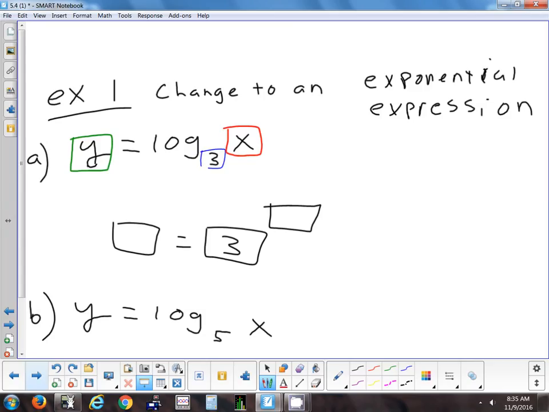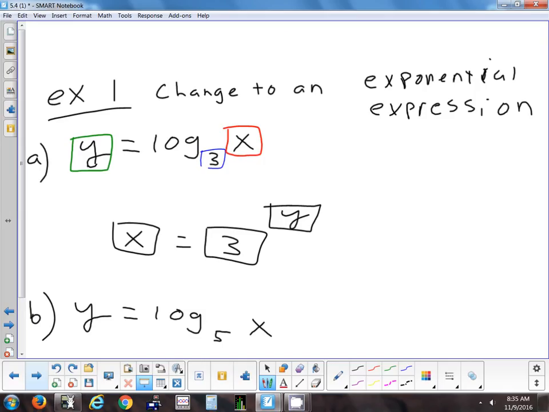Logarithm always equals what kind of number? Exponent. The logarithm is always equal to your exponent. That's my exponent. What's the only thing I haven't used? X, that's the argument, and that has to go right there.